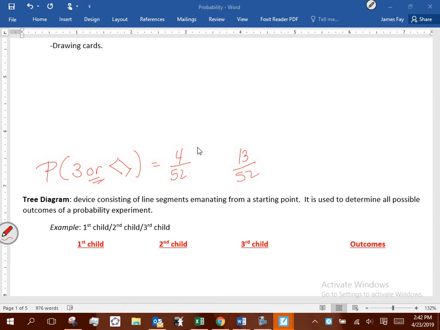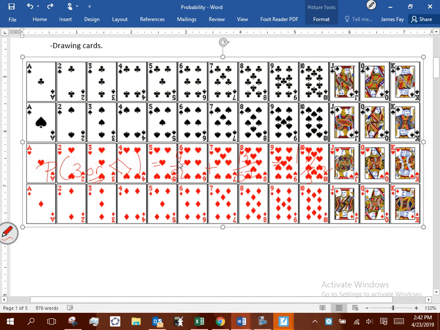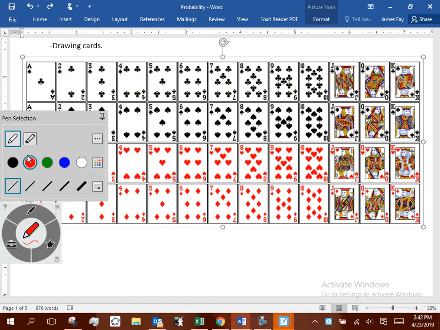Okay, so the number one wrong answer is 17. Why is that the number one wrong answer? Okay, so that's where understanding your sample space becomes beneficial. When I look at my sample space here, the question was a 3 or a diamond, right?